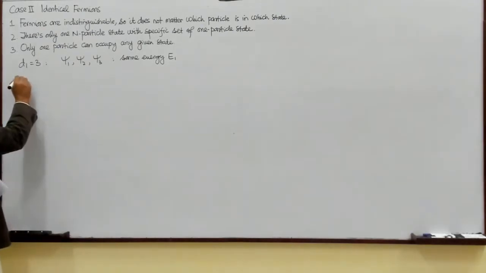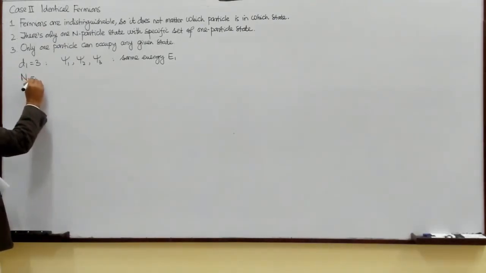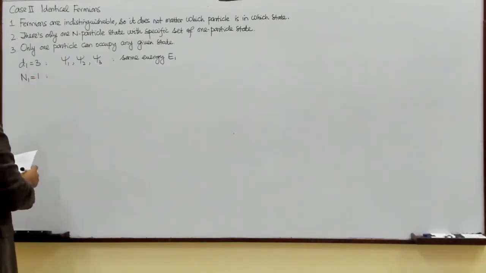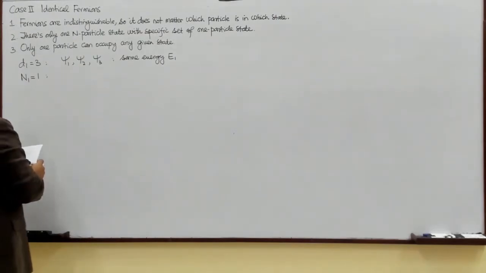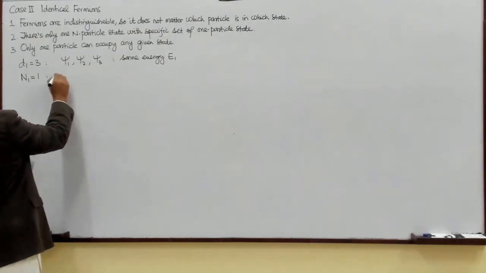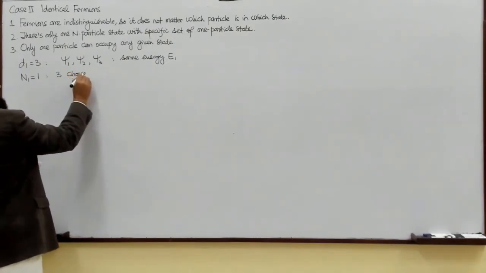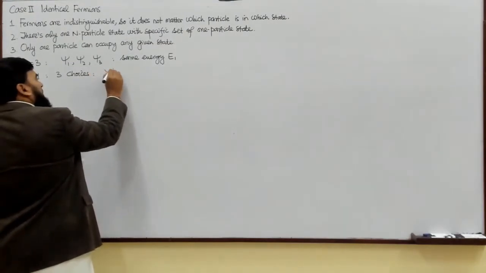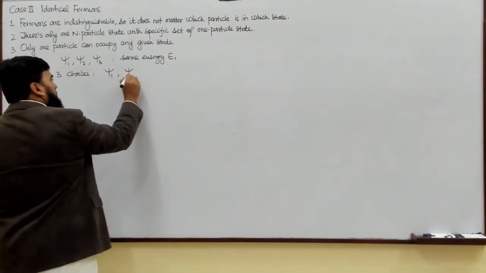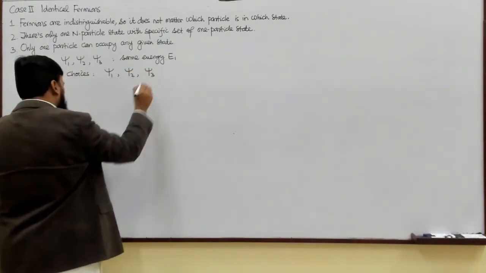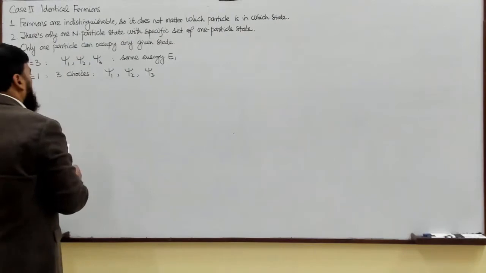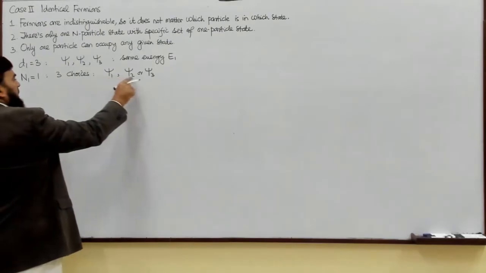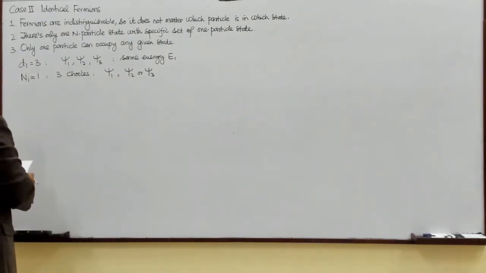Now, if I want to pick N1 equals 1 particle, then how many choices do I have? So for N1 equal to 1, we have 3 choices. And the 3 choices are that I can put 1 particle in psi 1, 1 particle in psi 2, and 1 particle in psi 3. So I can put it in psi 1 or psi 2 or psi 3.